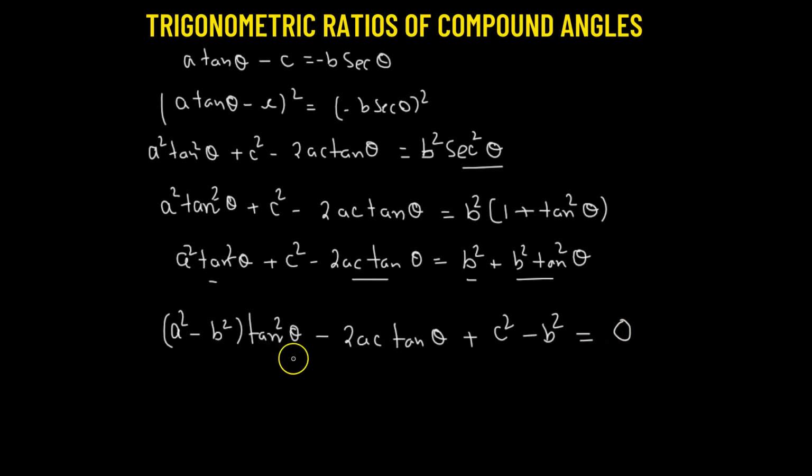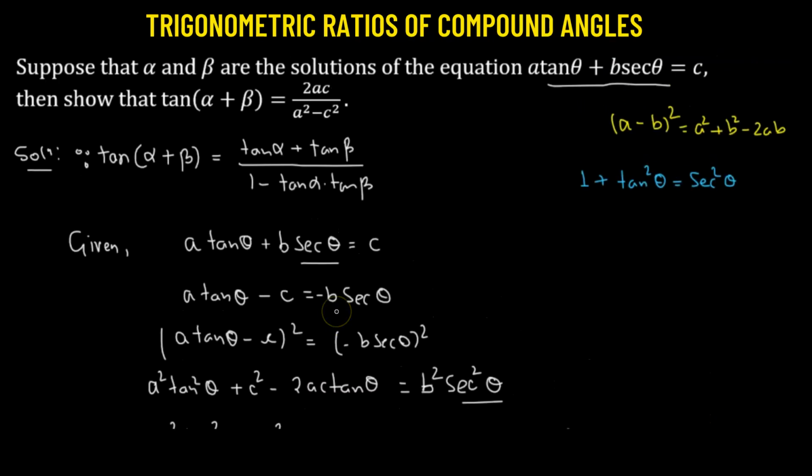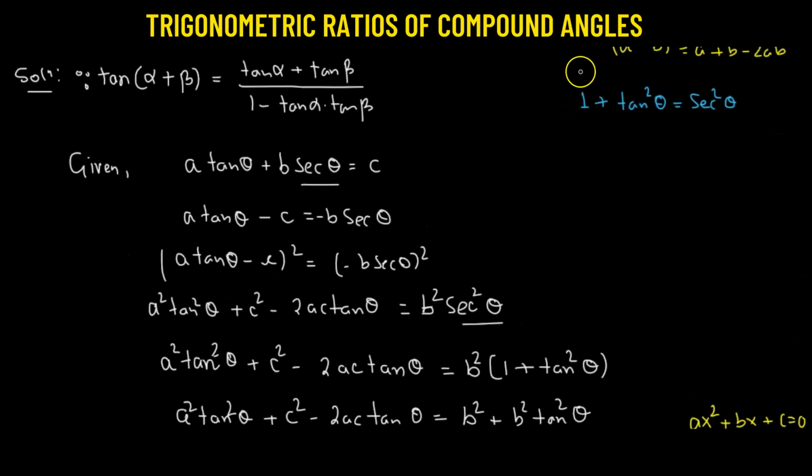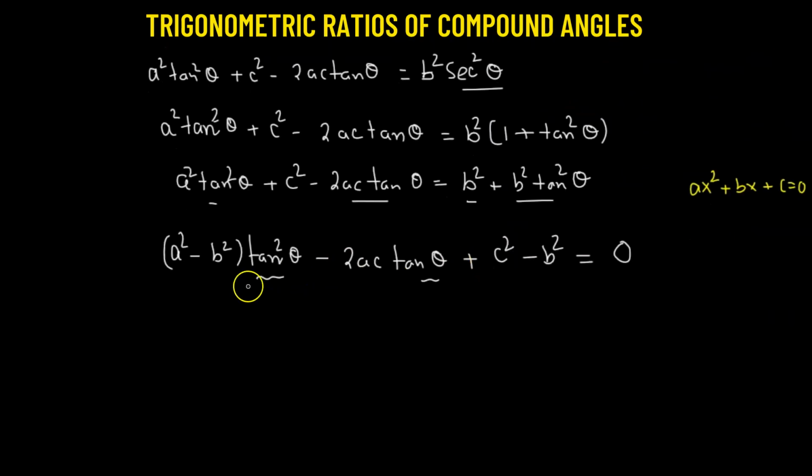Now we see here that this is a quadratic equation in tangent of theta. For a quadratic equation in x, we have ax squared plus bx plus c equals 0. So our given equation is a quadratic equation, but it is in terms of tangent of theta. Now it's given in the problem that alpha and beta are the solutions to the given trigonometric equation. So this particular equation is the same as this quadratic equation.